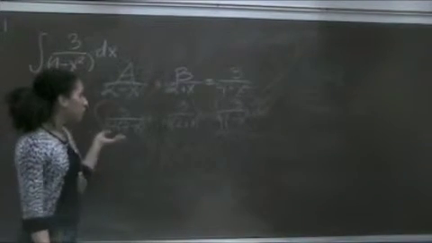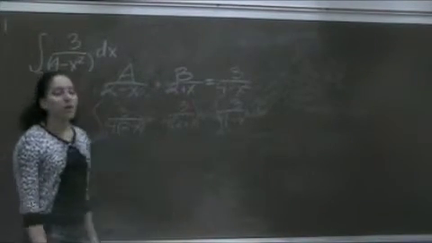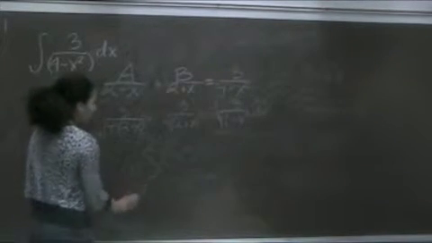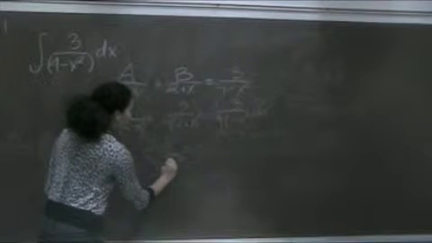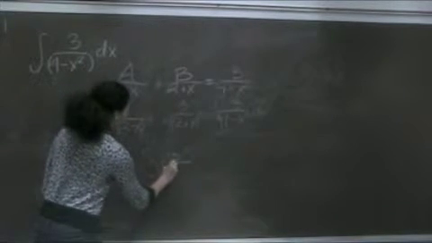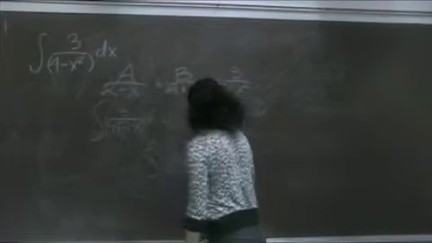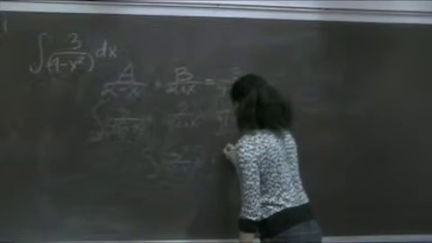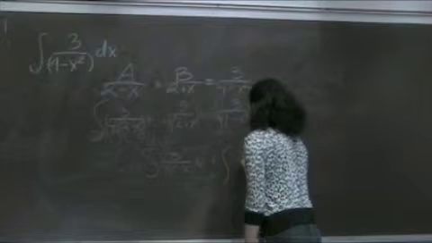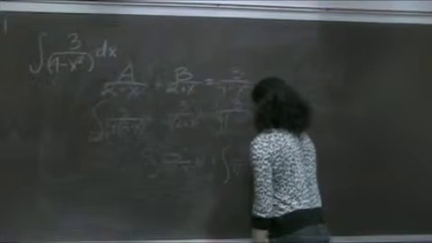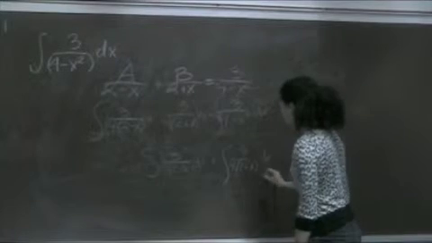Okay, so now we're just going to use this side of the equation to finish our integral. So we're going to have the integral of 3/4 over 2 minus x dx plus the integral of 3/4 over 2 plus x dx.